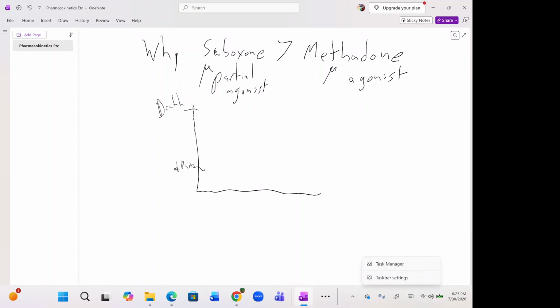And with Suboxone, it just so happens that really you get this asymptote really right before the pain is decreased, at least in most people. It's not ideal for pain. It requires pretty high doses for pain, but you get an asymptote effect, kind of like that.